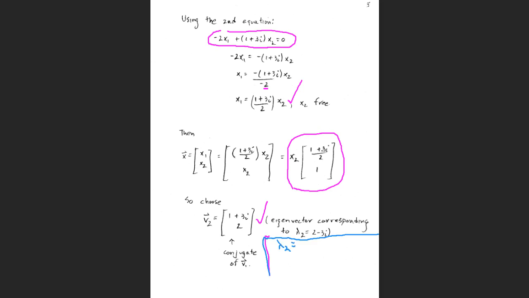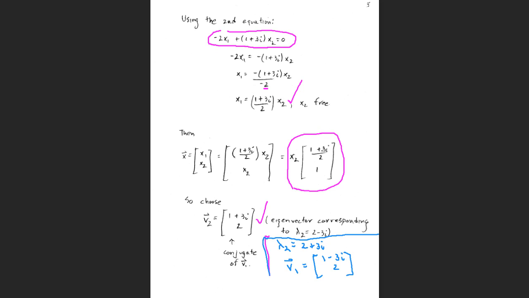When lambda 2 was equal to 2 plus 3i, the eigenvector we had had entries 1 minus 3i and 2. Let me just see here. That should be right. Yeah, that's right.